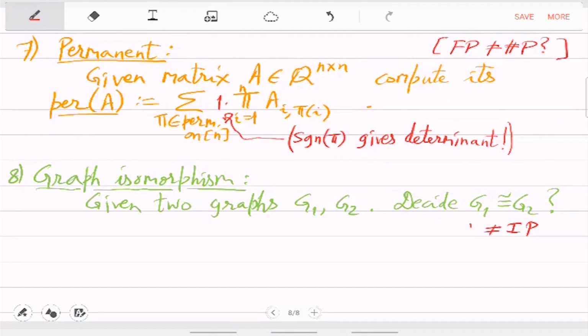So this problem actually inspires a complexity class and then immediately a question whether this complexity class is different. The open question is whether there is a polynomial time algorithm for graph isomorphism.